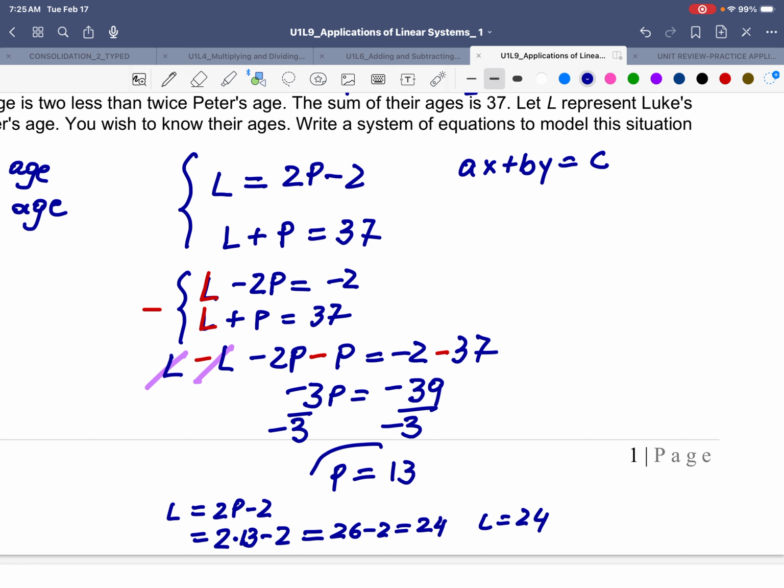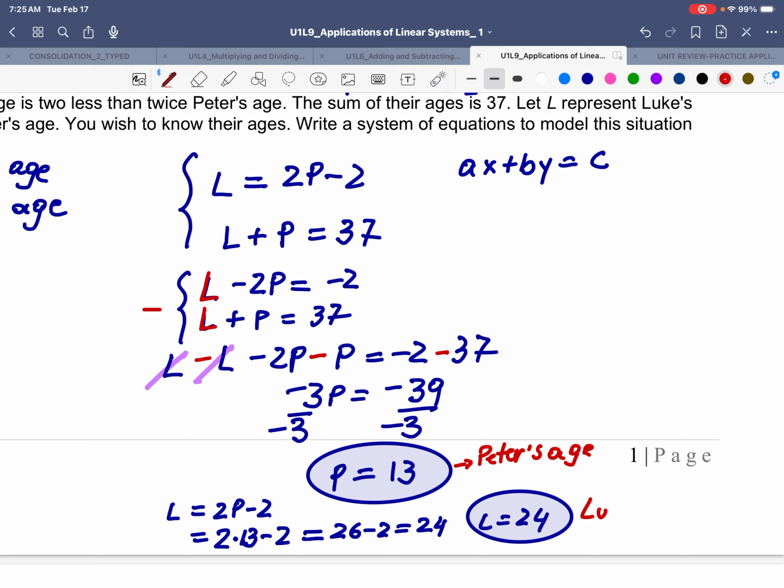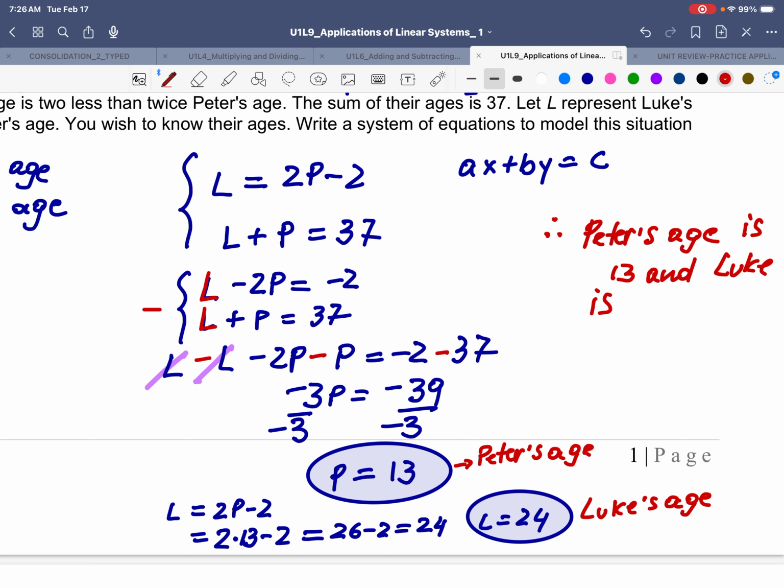Therefore, P, which represents Peter's age, is 13 and Luke's age is 24. So Peter's age is 13, so Peter is the younger one, and Luke is 24 years old.